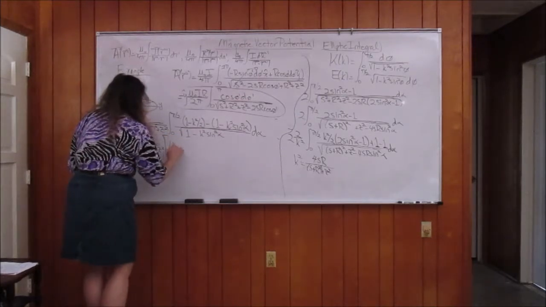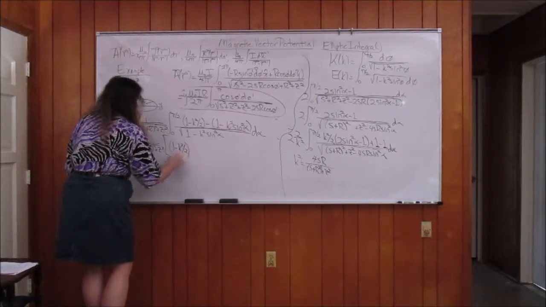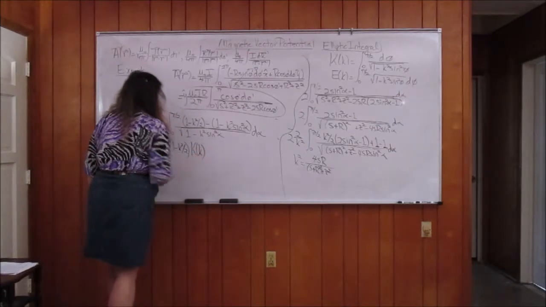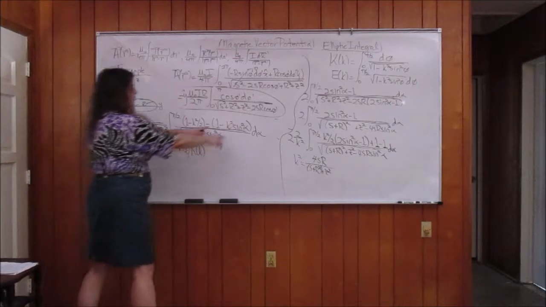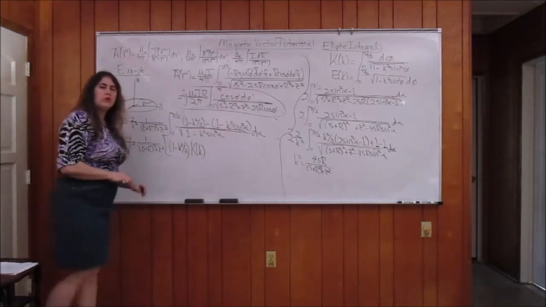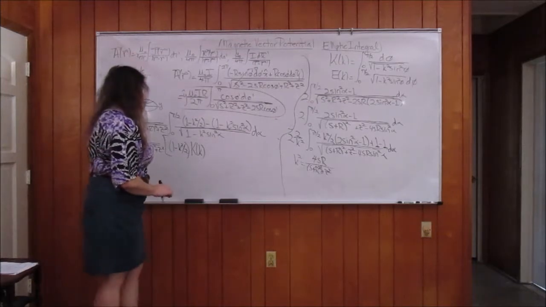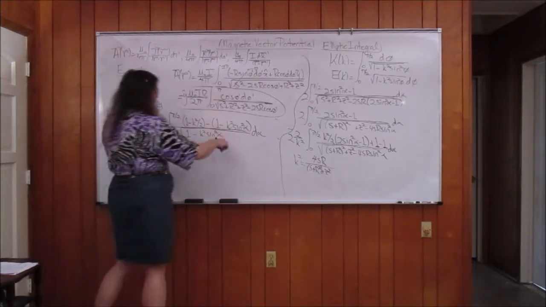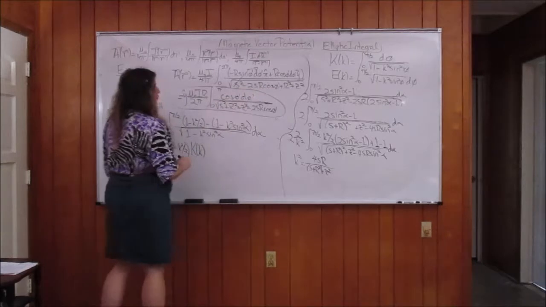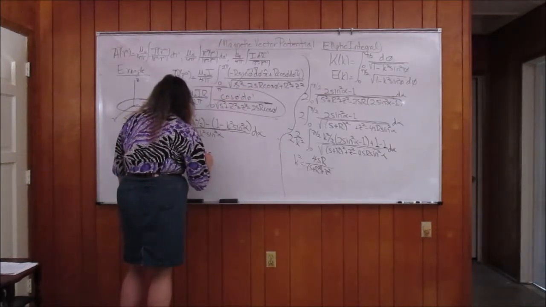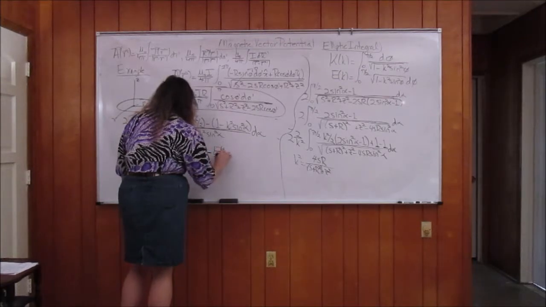So this is 1 minus k squared over 2 times the function K. Second term, you see I have a 1 minus k squared sine squared alpha in the numerator and a square root of 1 minus k squared sine squared alpha in the denominator. So that's basically the square root of 1 minus k squared sine squared alpha. So I'll just write this as minus E of k.